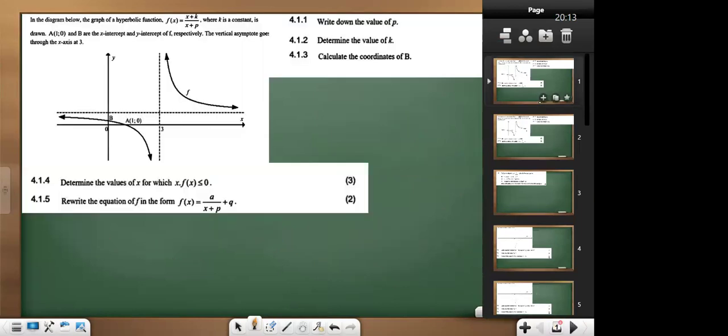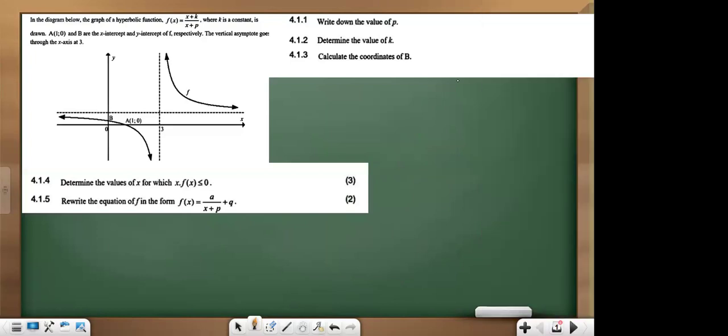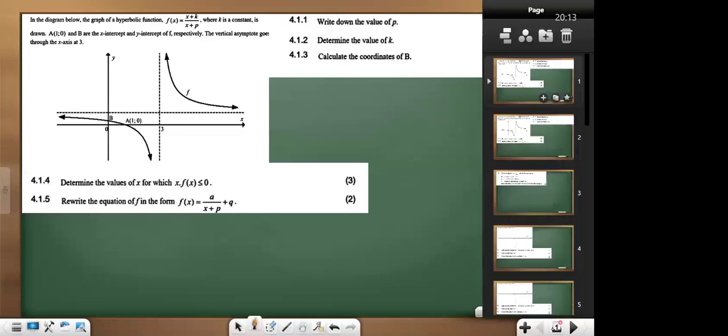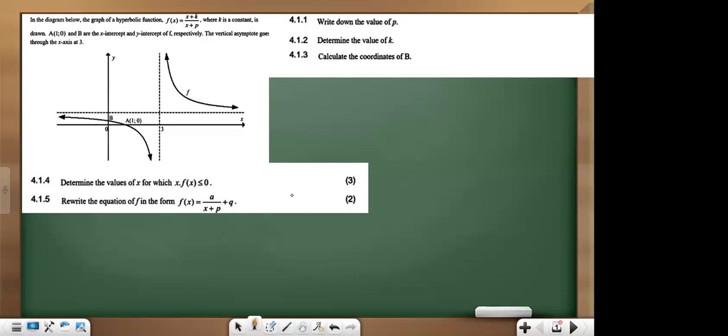Okay, before I hang my boots, we have functions.